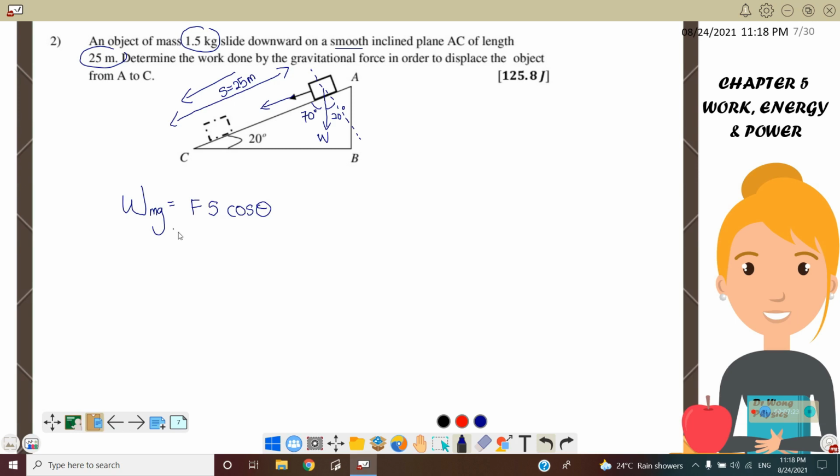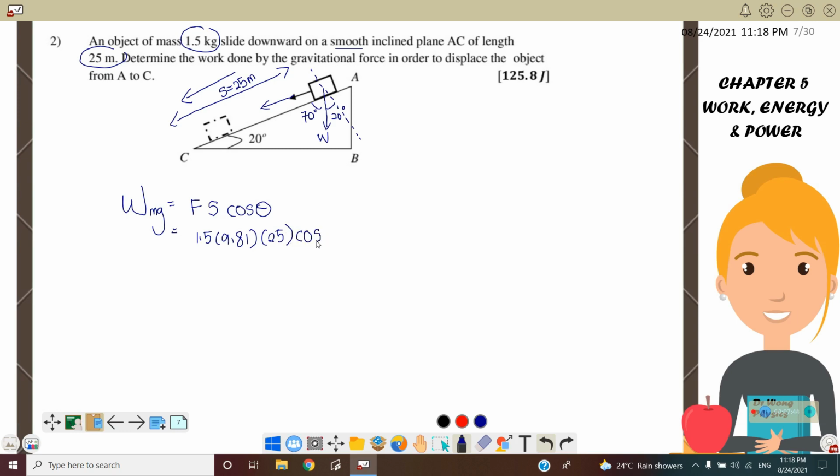Since the question says work done by the gravitational force only, therefore for F we substitute mg, where m is 1.5 and g is 9.81. The displacement from A to C is 25 meters.